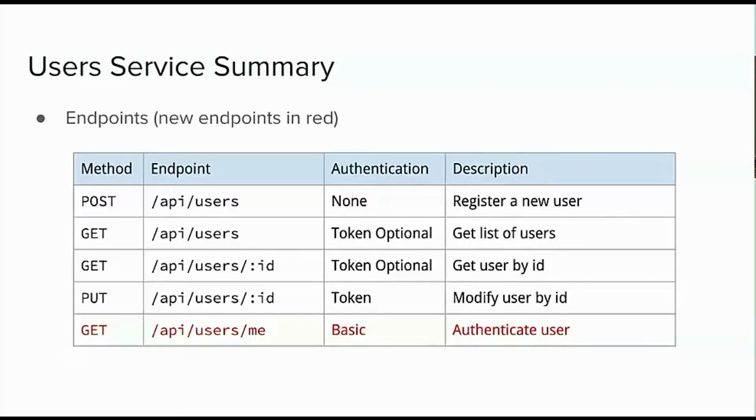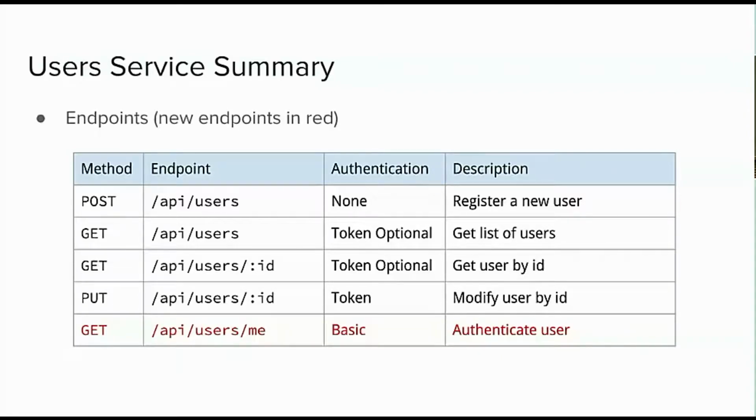So the way this is going to work is the token service will get a token request with username and password, and it'll have to ask the user service to verify those credentials before it gives out the token. So the way that's going to happen is in the user service, we're going to have a new endpoint that's specifically made for that. Any other service that needs to verify credentials will use the red one.